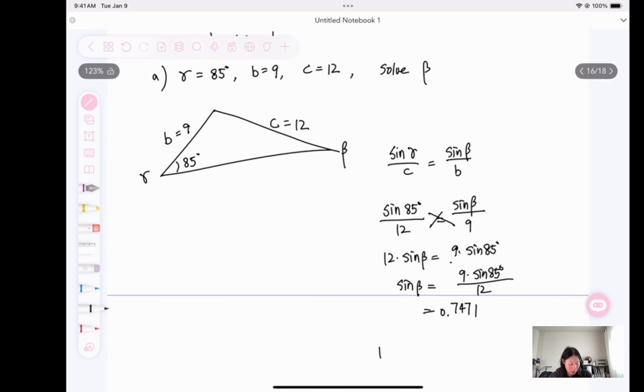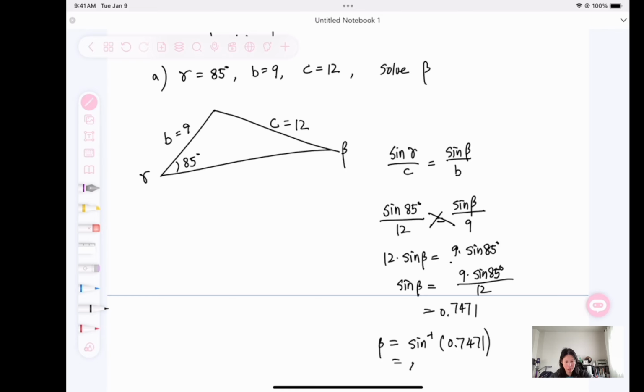So beta is equal to the inverse function. Be careful when we're doing this. I'm using the decimals to do that. When you're using decimals, you need to double check if the calculator is in radians or in degrees.